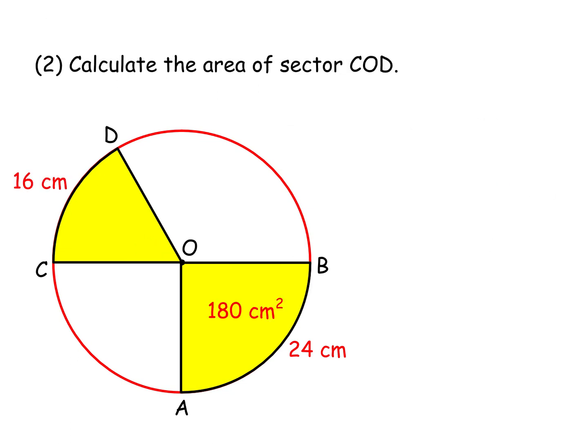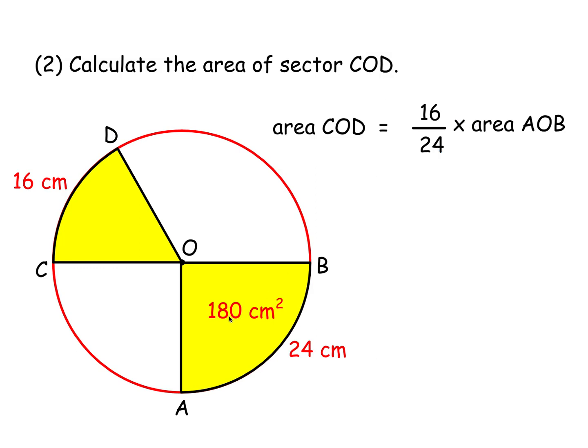Second example, this time it tells you the arc lengths. So CD's 16, AB's 24. You've got the two arc lengths, you can ratio the arcs to find out the fraction. It wants to know the area of COD based on this 180. So what you do is you ratio 16 to 24. Again, of course, that's 2/3.